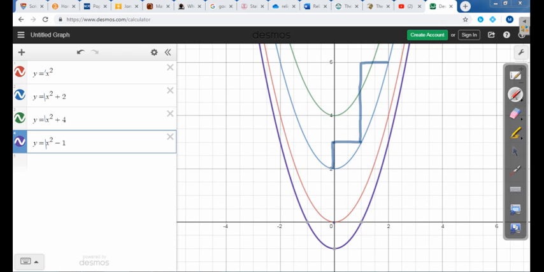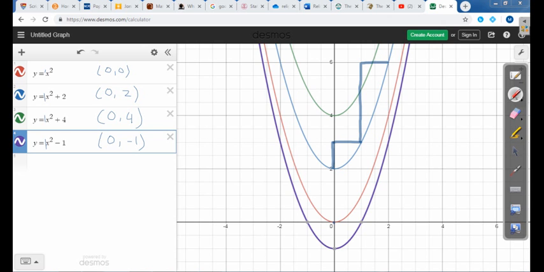Again, the vertex here is 0, 0 because my k is 0. I don't have a k. My vertex here is 0, 2 because my k is 2. My vertex here is 0, 4 because my k is 4. My vertex here is 0, negative 1 because my k is negative 1. Does that make sense?